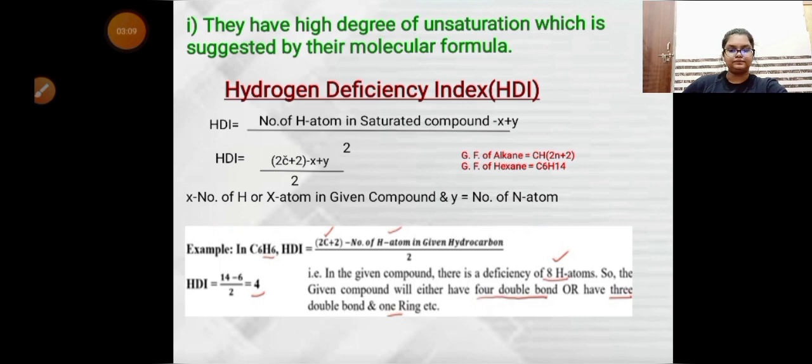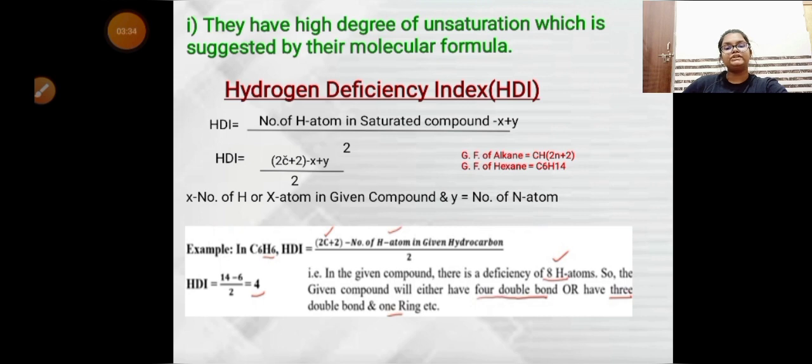For example, benzene. Here, the number of carbon atoms is 6. So, the number of hydrogen atoms in the saturated compound is 2 into 6 plus 2, which is equal to 14. And the number of hydrogen atoms in the given hydrocarbon is 6.